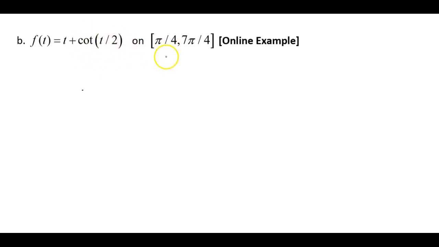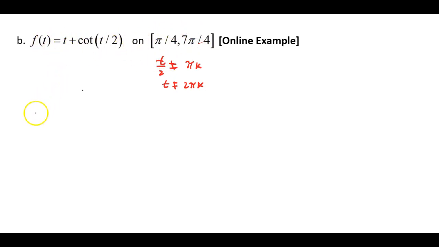Cotangent is undefined whenever the argument of the function is any multiple of pi k. So in this case, t cannot be any multiple of 2 pi k. The good news is that no multiples of 2 pi are in this interval. So this function f is continuous on this closed interval.